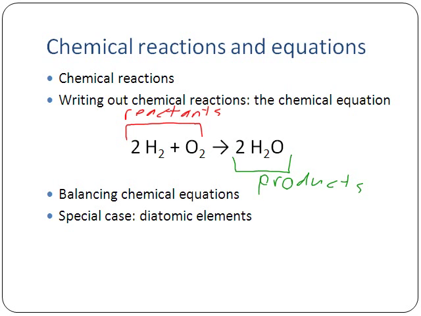So we start off with our reactants, the things which react, and we end up with what's left over, our products. The arrow in the middle that shows the reaction happens is usually pronounced as just "yields." So we would say, in this case, 2H2 plus O2 yields 2H2O. And that would generally be our format here.